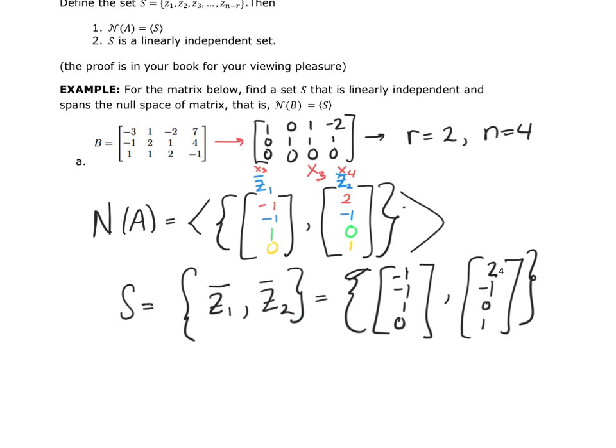These are the only vectors that we need to produce every vector within the span. So this is my spanning set, and I get that from my previous theorem, and I also know that these are linearly independent of each other. So that's it for this section.